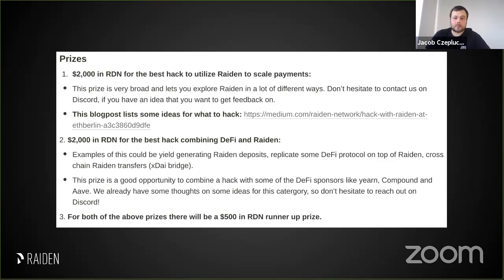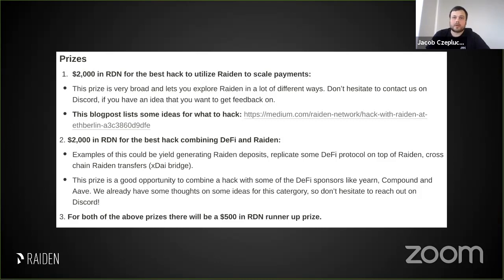This is a very broad prize, and it's basically up to you how you want to use Raiden to do ERC20 payments. If you can come up with some creative way to do payments or to offload some of the load on the Ethereum network with Raiden, that would be great.